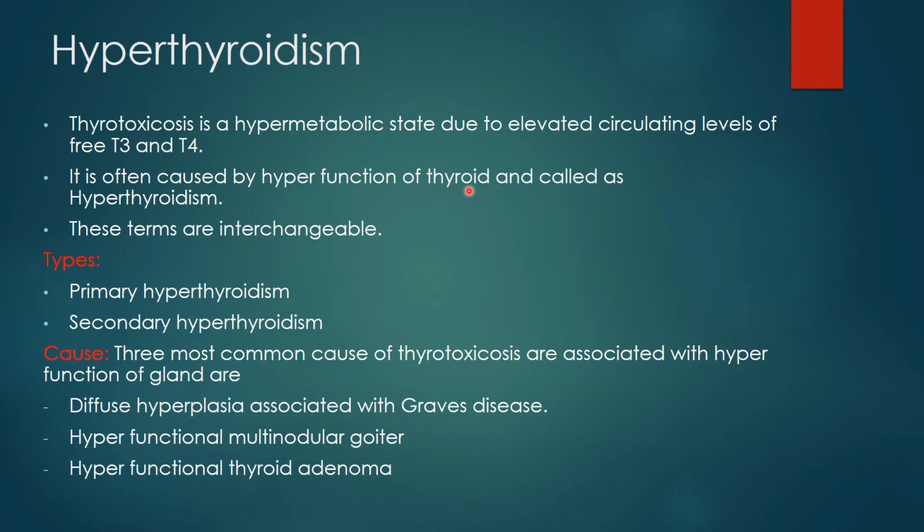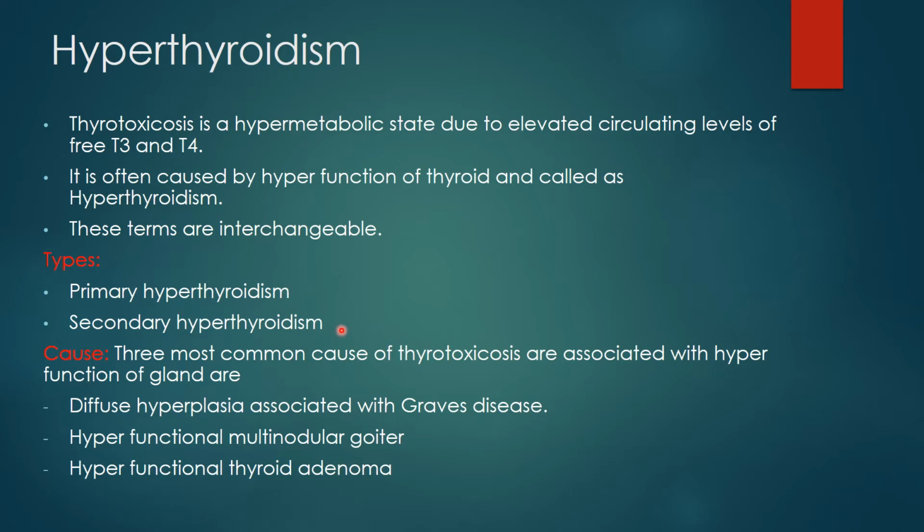It is often caused by hyperfunctioning of the thyroid, and whenever it is caused by hyperfunctioning of the thyroid, the condition is called hyperthyroidism. However, if it is caused by any other reason, then it is called thyrotoxicosis. So these terms are interchangeable depending on the cause. Hyperthyroidism is of two types.